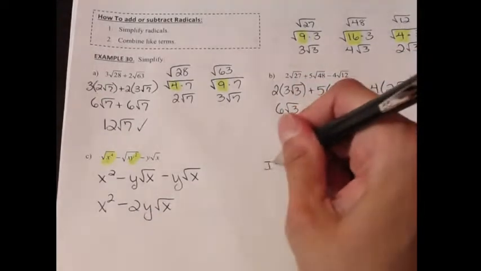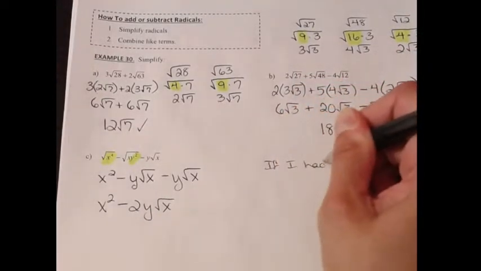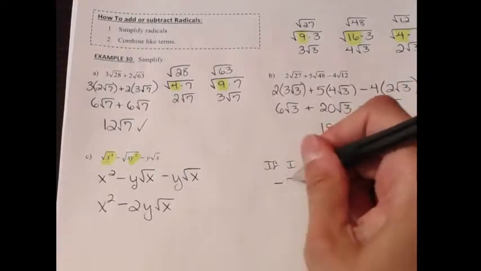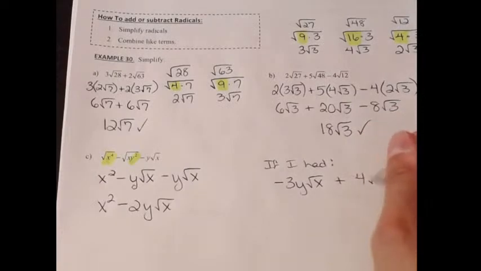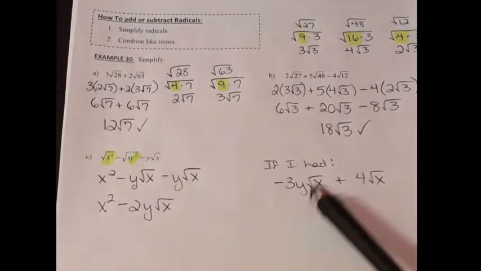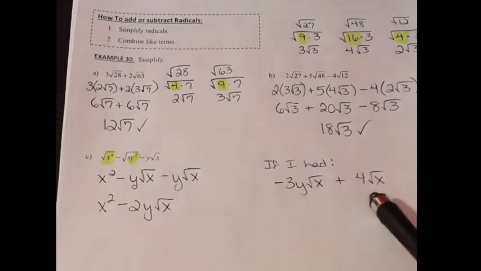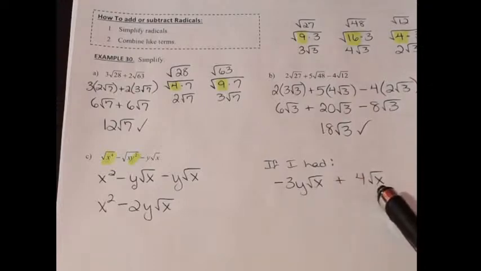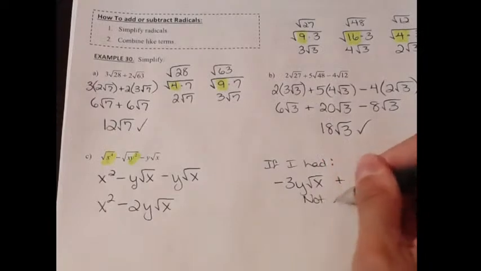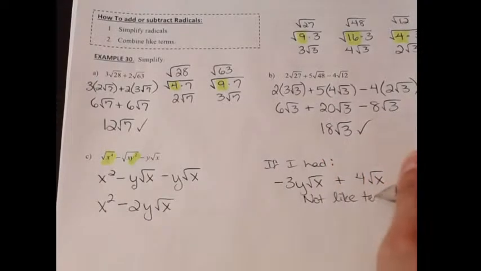If I had, let's say, negative 3y square roots of x plus 4 square roots of x, these are now not like terms. Not only do they have to have the same radical, but they'd also have to have the same variable, right? Just like before. So I'm going to write not like terms.